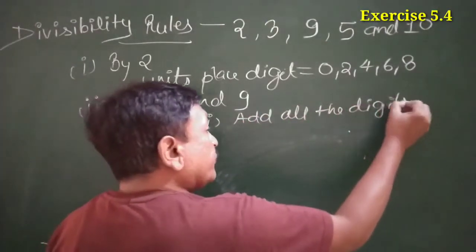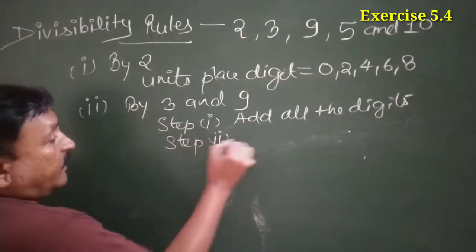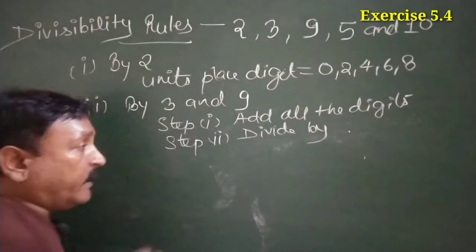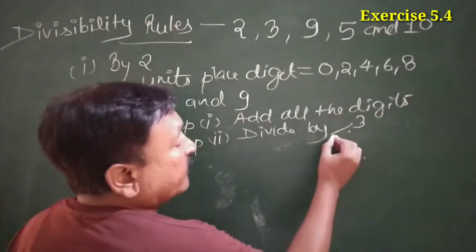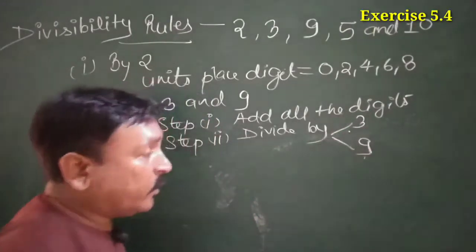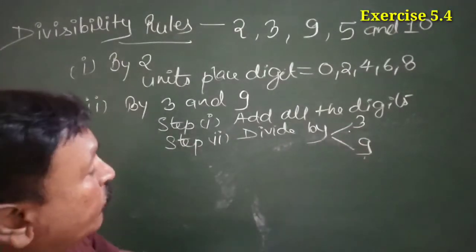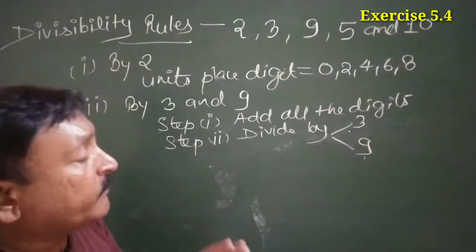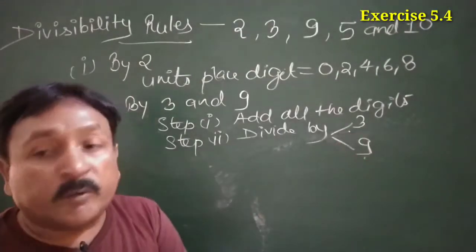Step 2, divide the sum. If it is asked for 3, divide by 3. If it is asked for 9, divide by 9. This depends upon the question. So first we add all the digits, and then whatever sum comes must be divided by 3 or 9 according to the question.